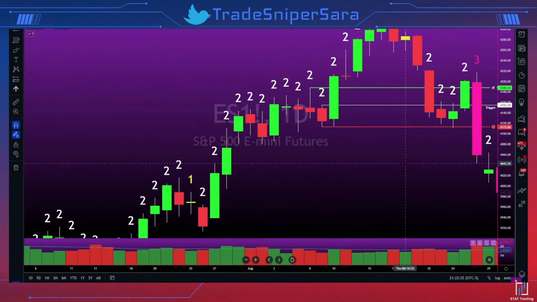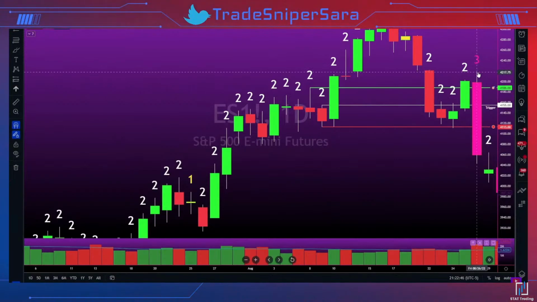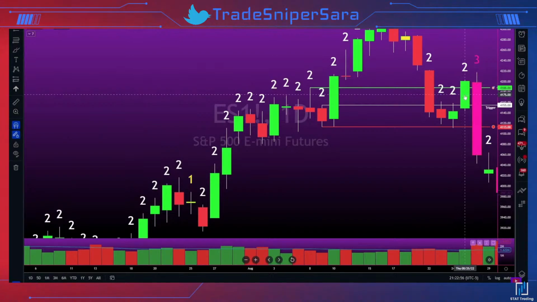The other place that you can place your stops is the 50% rule about outside bars. We know how outside bars form: one side of the candle gets taken out, it can't hold it, and then it retraces 50% of the previous candle, and then we're going to target the other side of the candle.